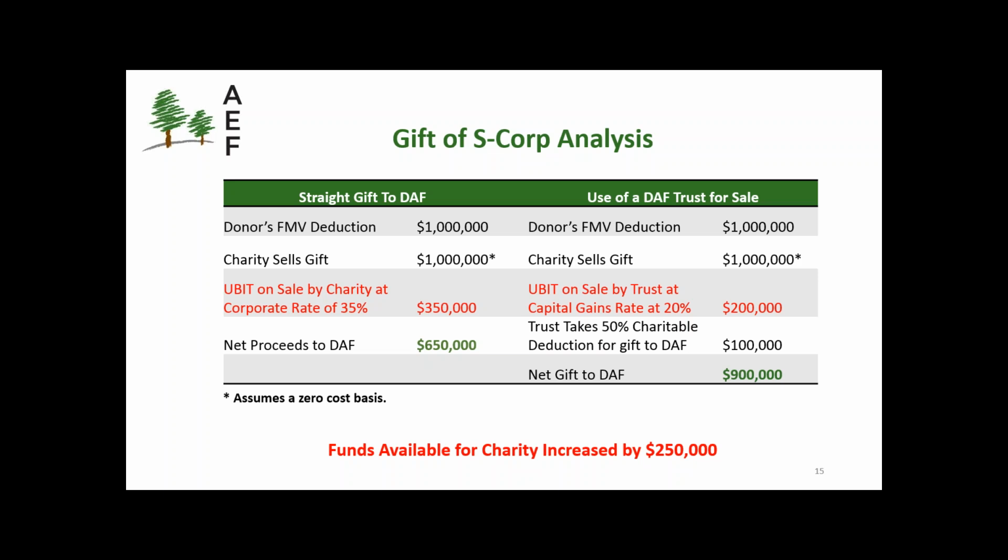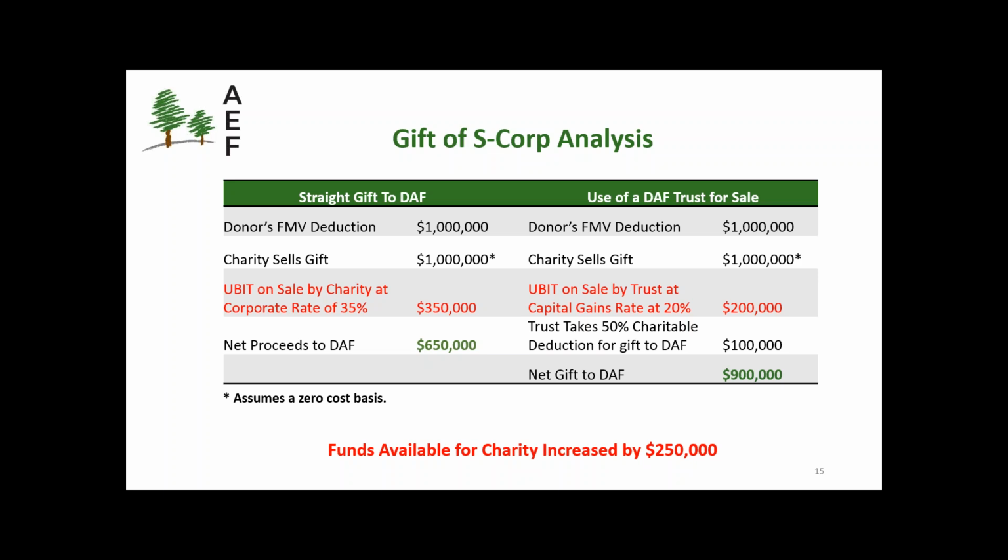Plus, if there's any income during the holding period to the charity, that is all unrelated business taxable income. Plus, if there is any additional appreciation, so maybe the donor's deduction is $1 million, but the charity sells it 8 months later for $1.1 million, that additional appreciation is also unrelated business taxable income.